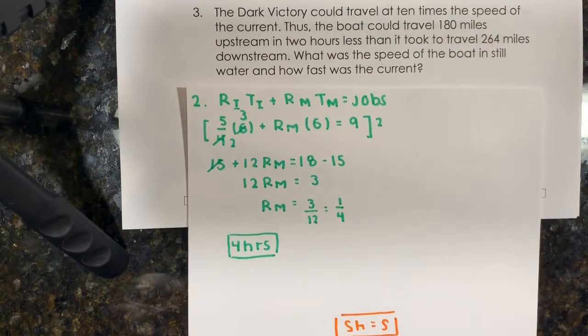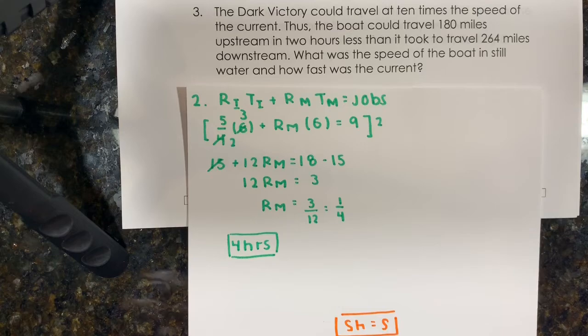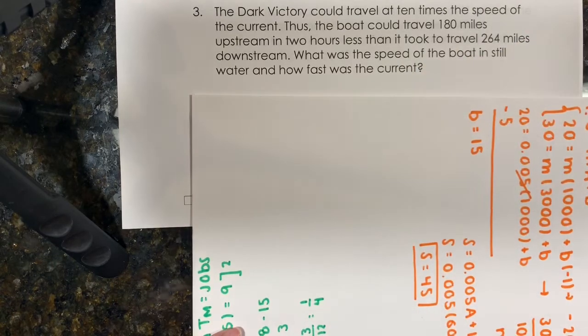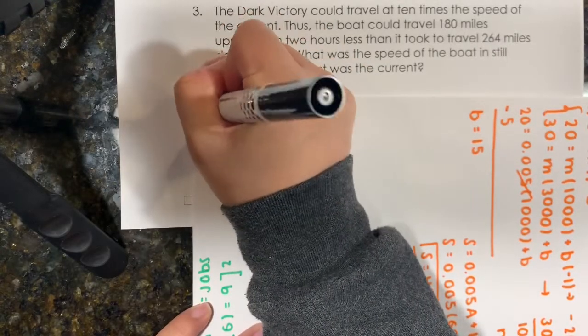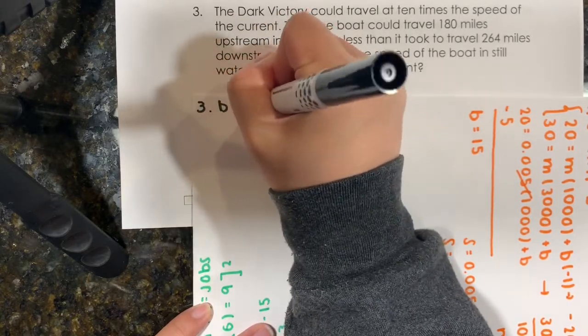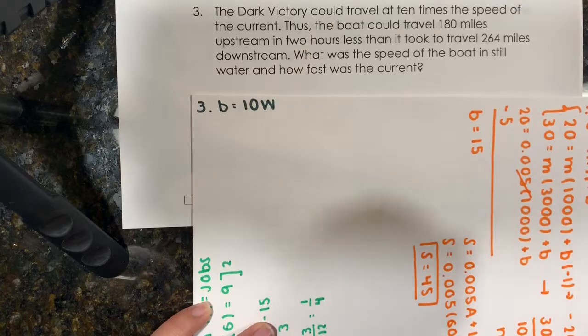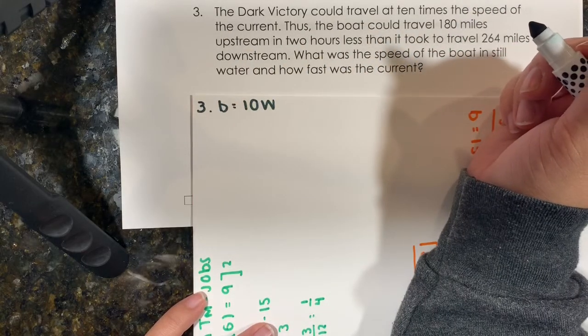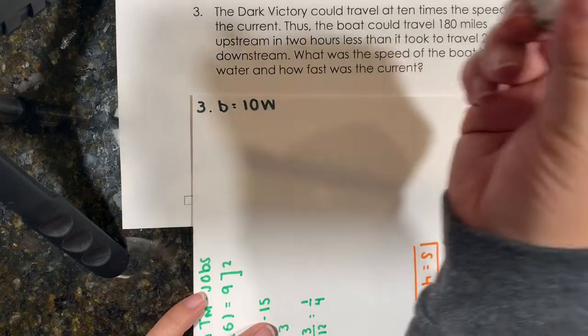Okay, for number 3, we are going to have a boat in the river problem. It says Dark Victory could travel 10 times the speed of the current. So the boat could go 10 times the speed of the current. Thus, the boat could travel 180 miles upstream in 2 hours less than it took to travel 264 miles downstream.